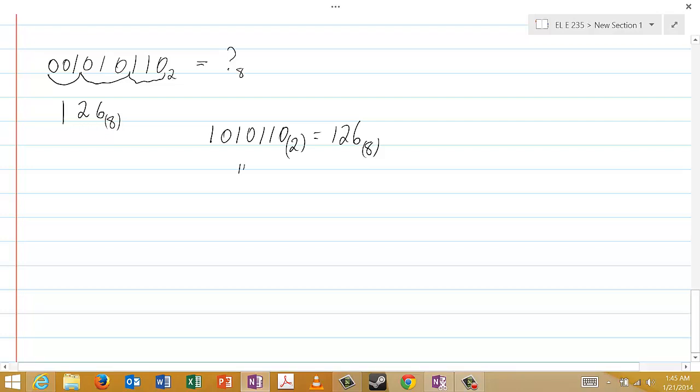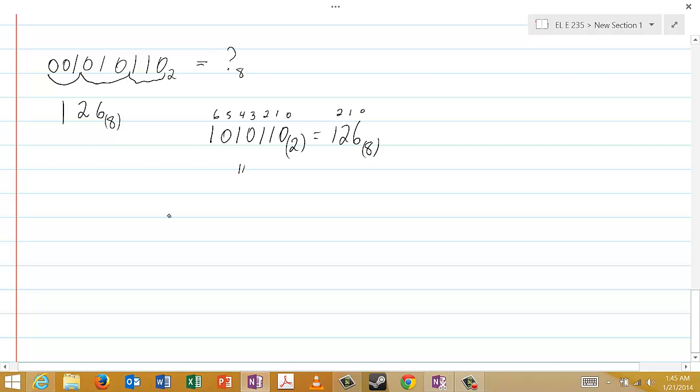Well, we can number our positions in each of these numbers.